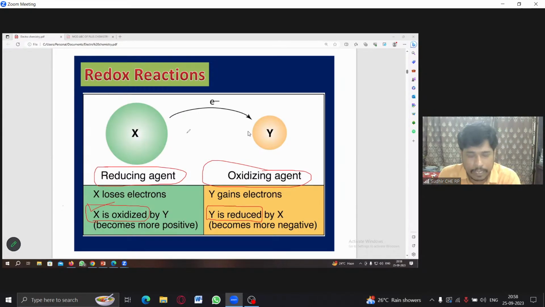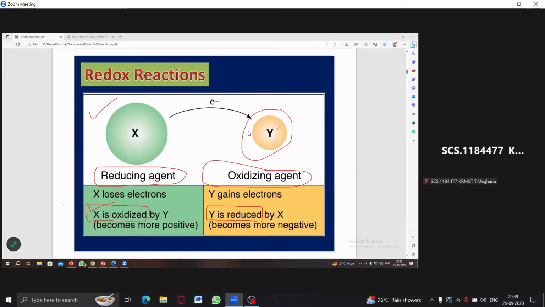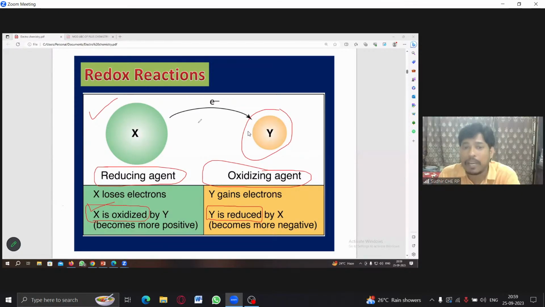I already said that in the redox process, both substances must be there. If only one exists, the process cannot occur. Because of why X is involved in the oxidation, am I correct or incorrect? Because of Y only, X is involved in the oxidation. If Y is not there, X cannot be involved in the oxidation, right or not? Sure.